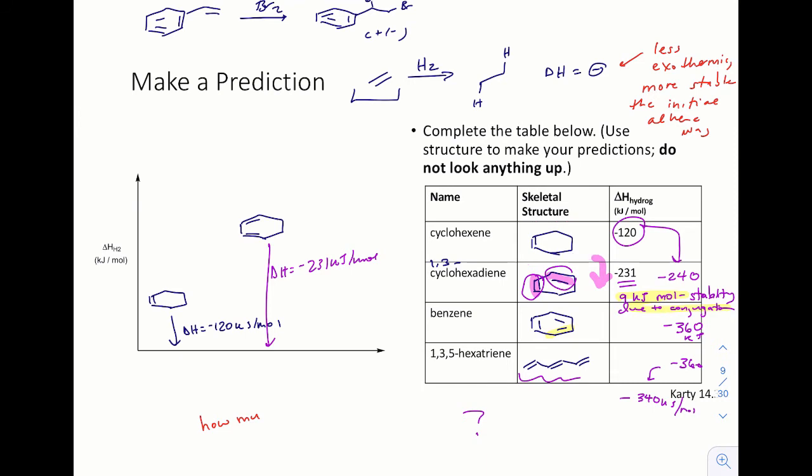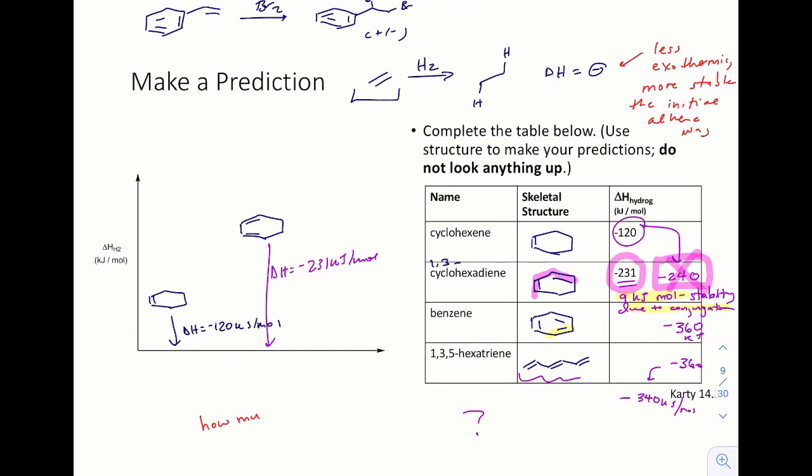The double bonds in 1,3-cyclohexadiene are not isolated. These p orbitals are connected, they're conjugated. This is a multi-centered pi system. And thus, instead of having a heat of hydrogenation twice that of 2 isolated double bonds, it's actually less than twice.